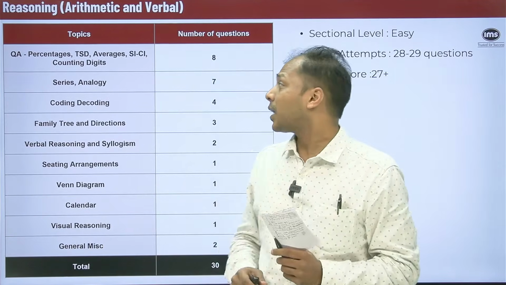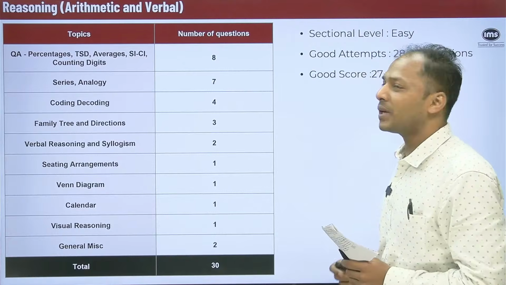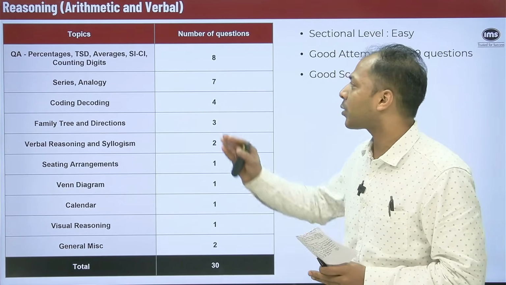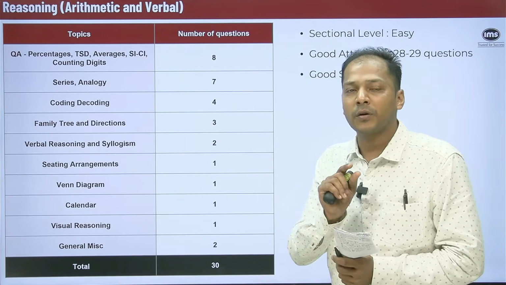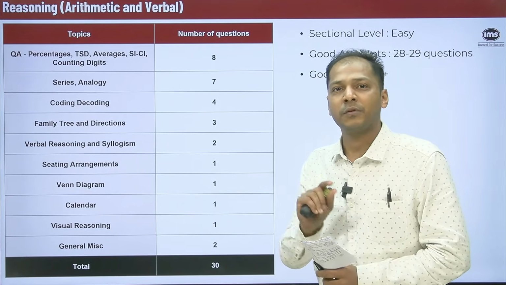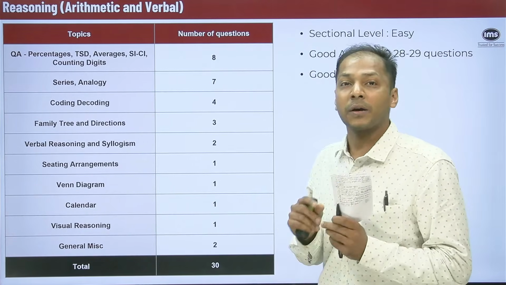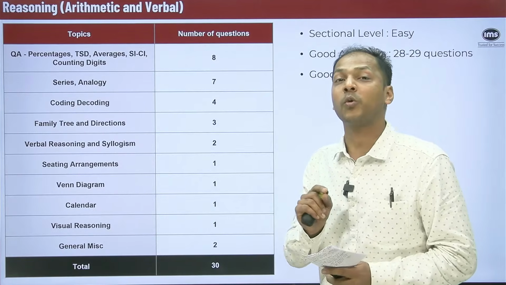Similarly, coming to the reasoning section. Now, the reasoning section had a decent number of math questions. There were 8 questions of QA, which were from time, speed, distance, percentages, simple and compound interest. There was one very difficult question on counting the digits.